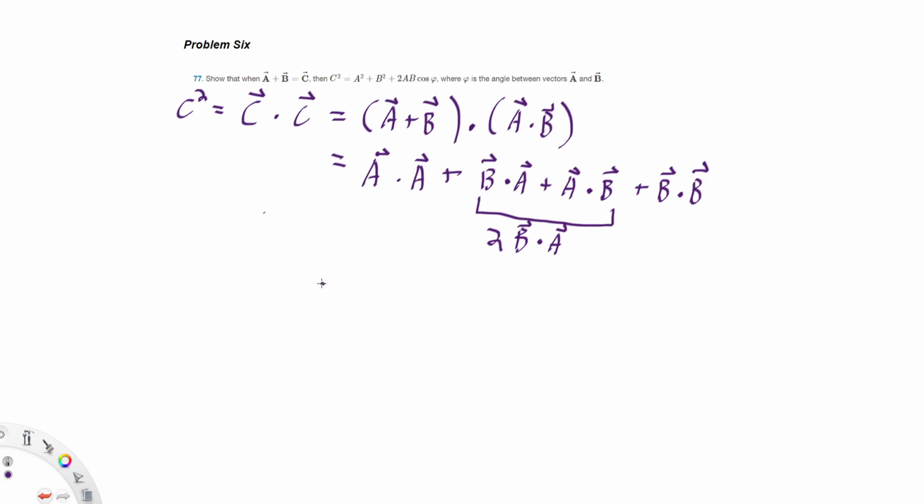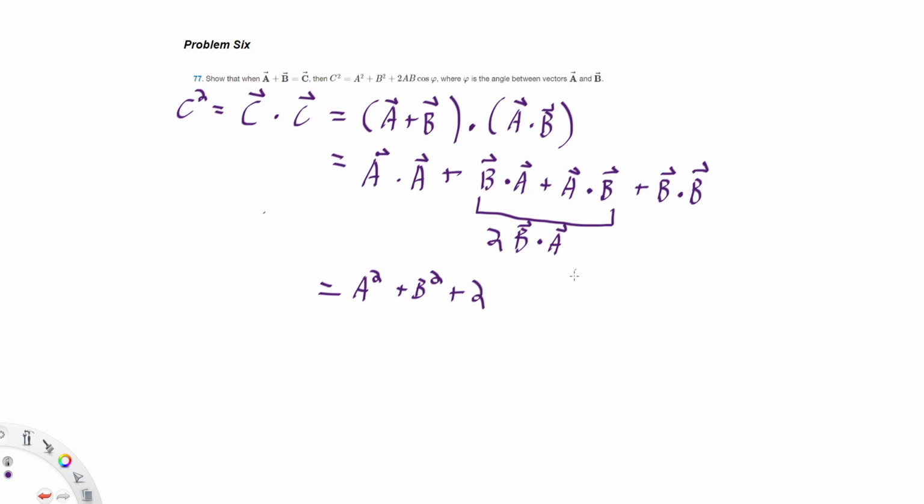Notice that a dot a, well, that's a squared, right? Just by our definition, just what we started up here. If c squared is c dot c, then a dot a is a squared. B dot b is b squared. And then we have 2 b dot a.